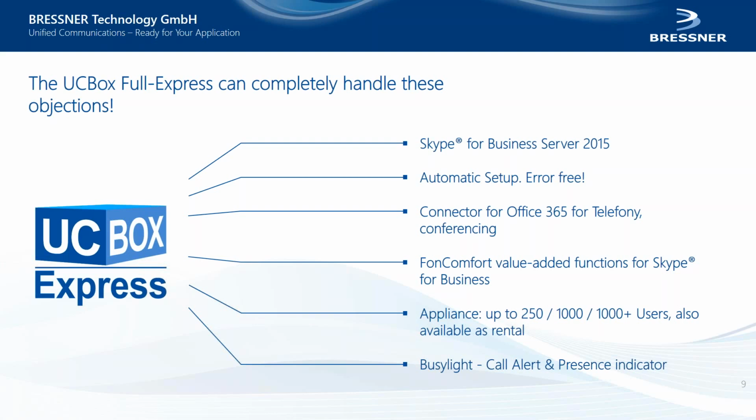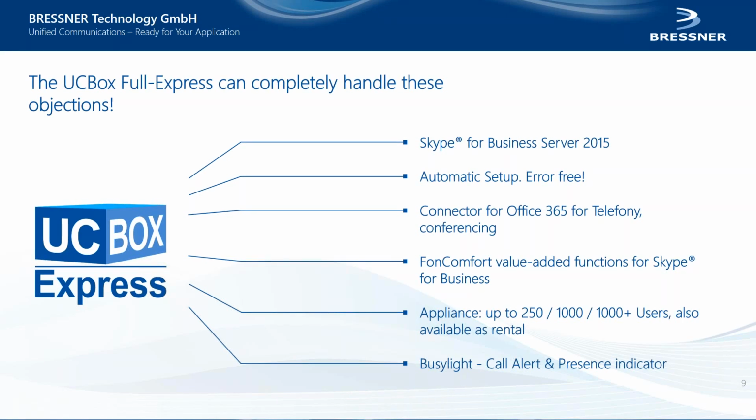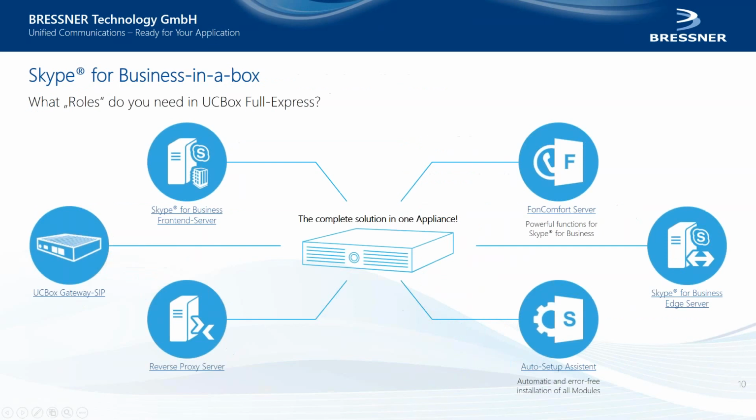We have also our phone comfort solution with this phone comfort server in this way. So we will install, you can see here, the Skype for Business front-end server. It's a complete front-end server. It's not this kind of front-end server which you have in the CCE.